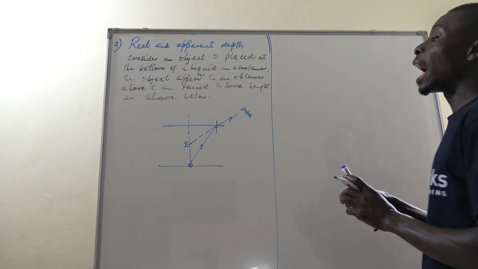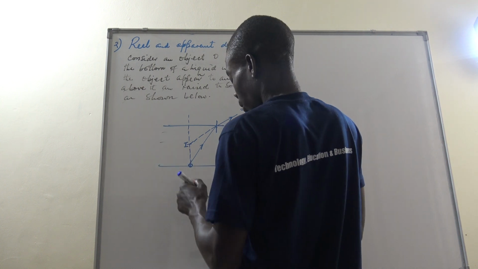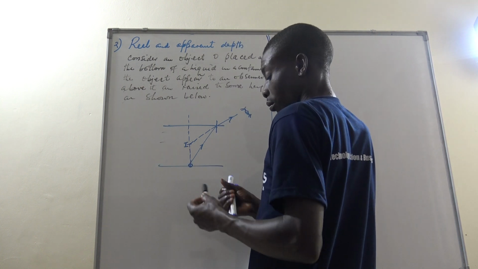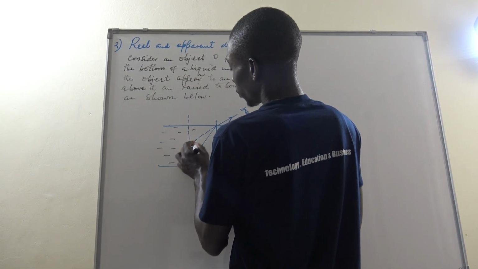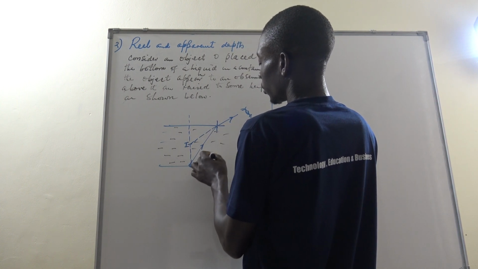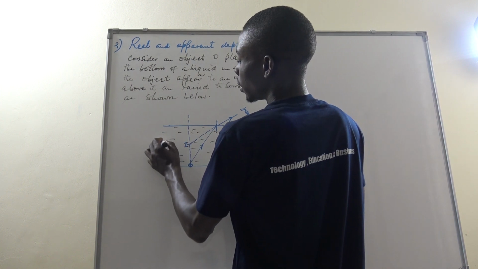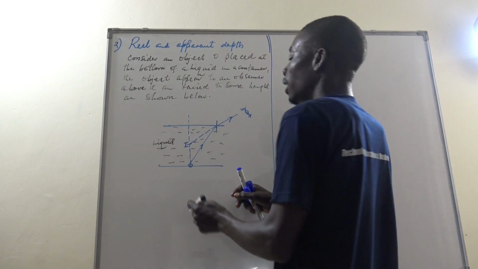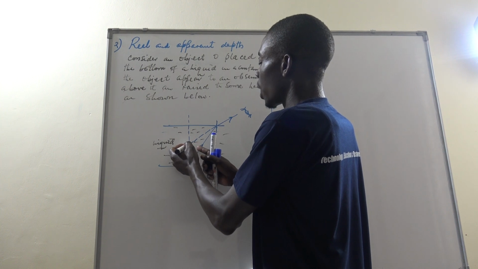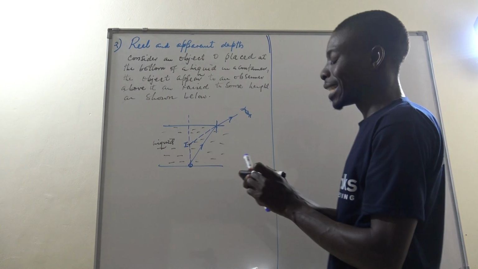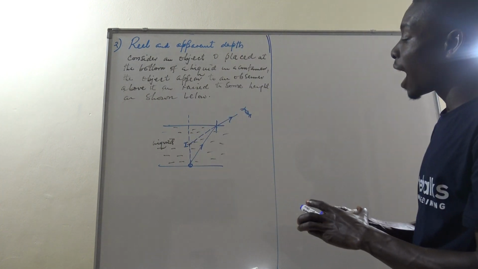And this is what we are calling the image now. This is my liquid, and if I have this object here and someone happens to see it, you will see this object as raised somewhere here. What you are seeing as the raised object is not true, it is just the image of the object.